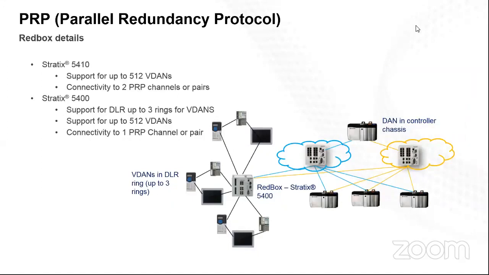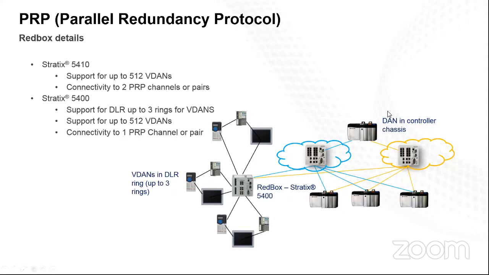Okay, a little bit more about the red box or the redundancy box. Within Rockwell and the Stratix, there are two options. We have the 5410 and the 5400. Both can act as red boxes inside a PRP network, and you see some of the attributes there. What's interesting, and we're just getting into some of these architectures here, I have a few more slides.